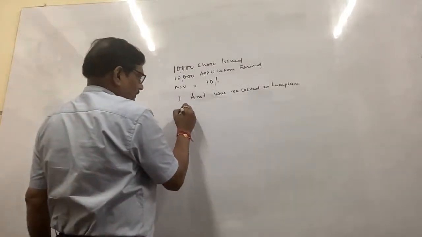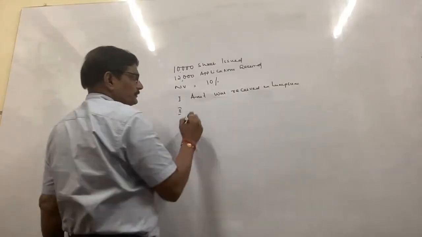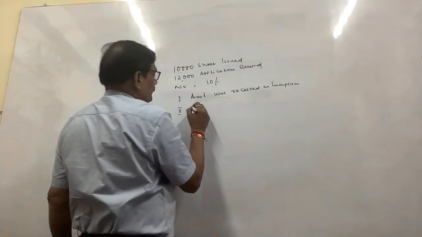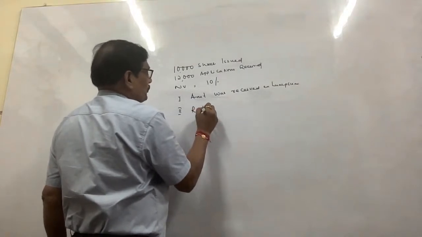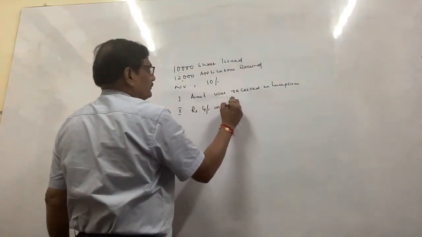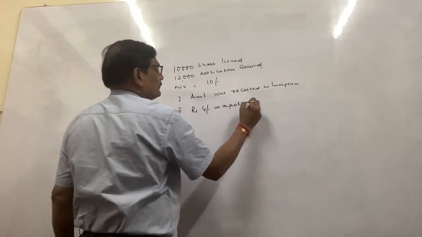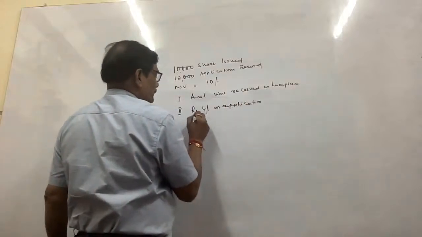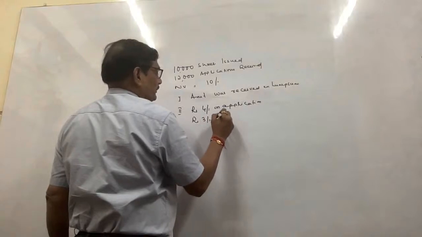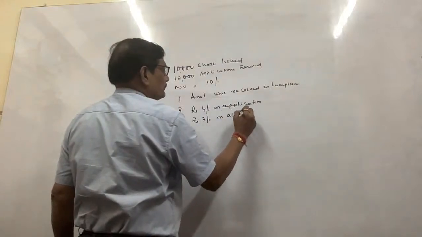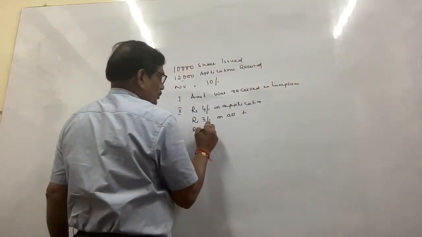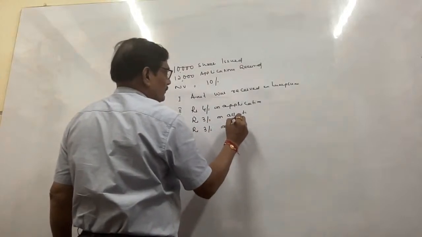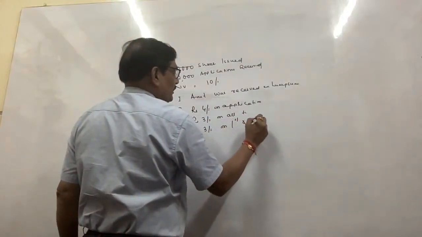And second one, ₹4 on application, ₹3 on allotment, and balance ₹3 on first and final call.